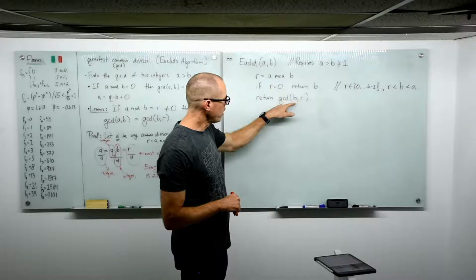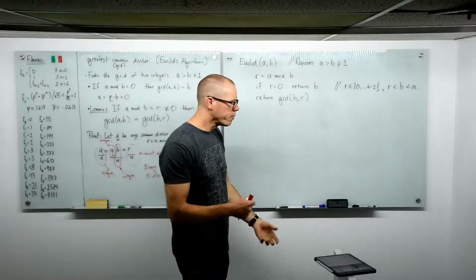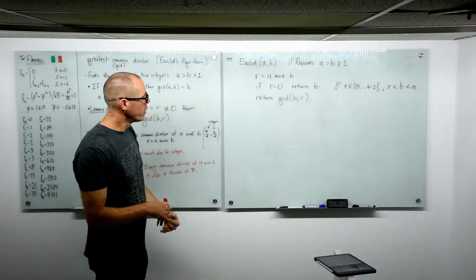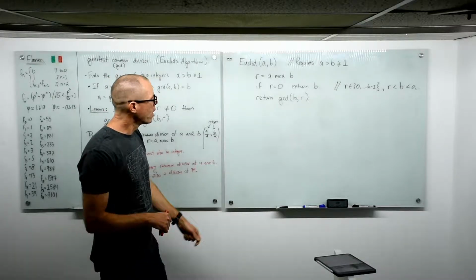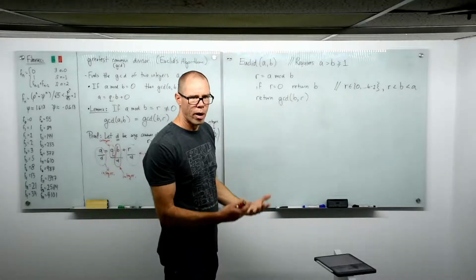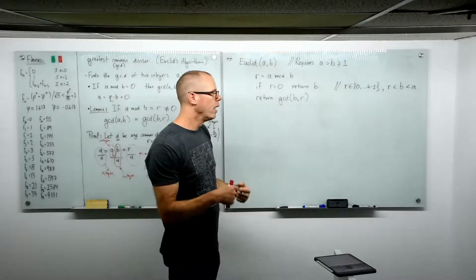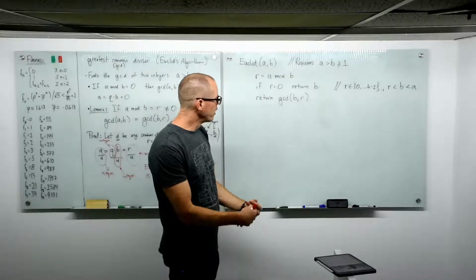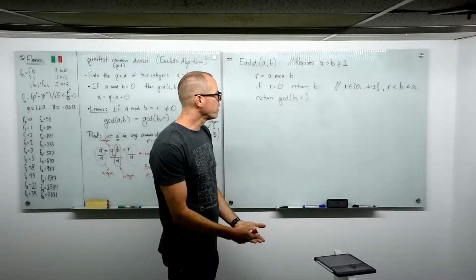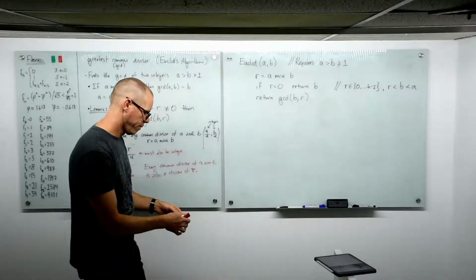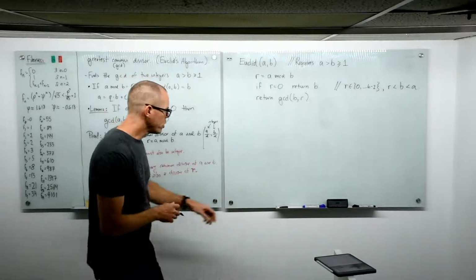So both of the arguments get smaller, and none of them are ever equal to 0. So at some point, the smaller of the two arguments has to be equal to 1. So eventually, if this could go on for a long time, it could go all the way down until I recurse, and that second argument is equal to 1.